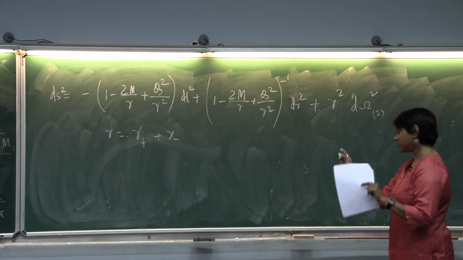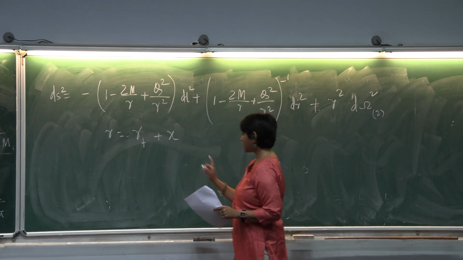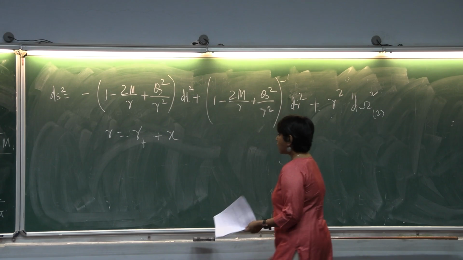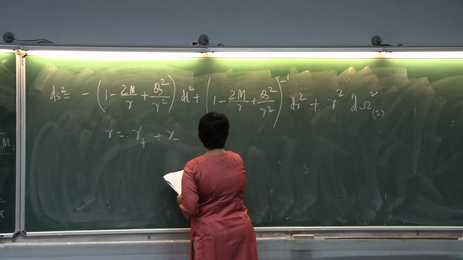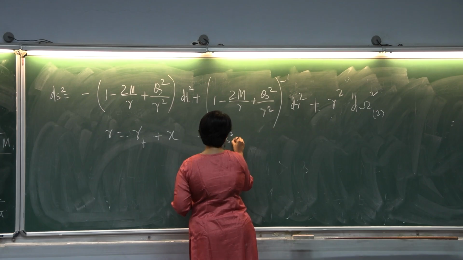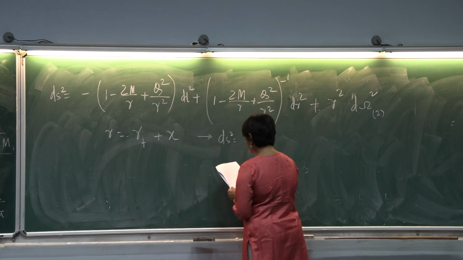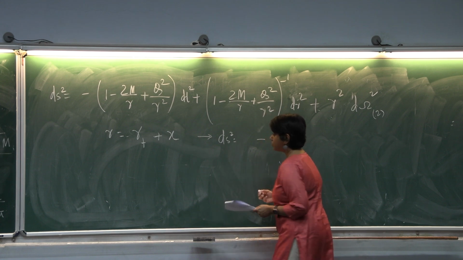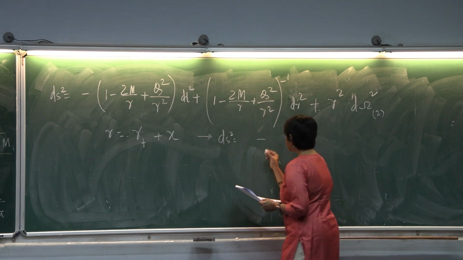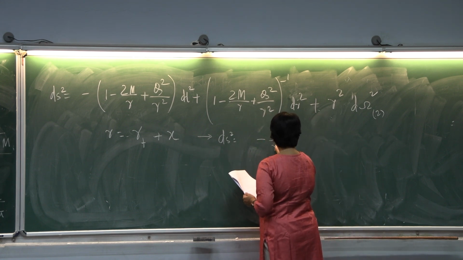So again I will go to the x square redefinition. I will not keep it in here. So r equals r plus x will straight away give you the form of the ds square. Please feel free to check it. Of course, it's an approximation up to the first order of x. So minus x divided by r plus.